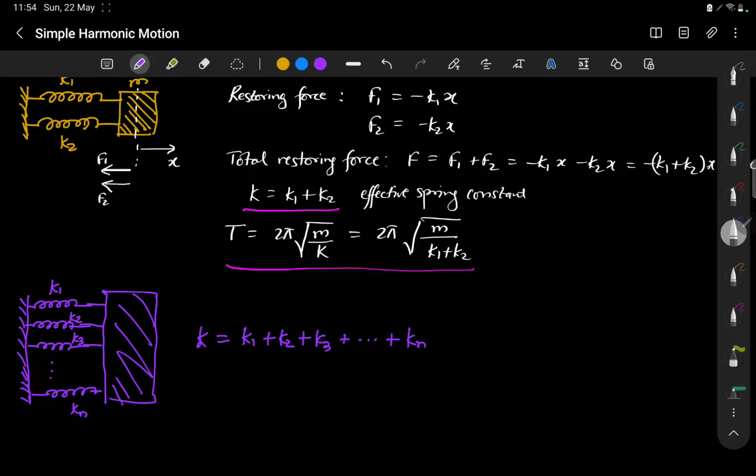So this is for springs in parallel, and note that this expression looks similar to, or analogous to, resistors connected in series.